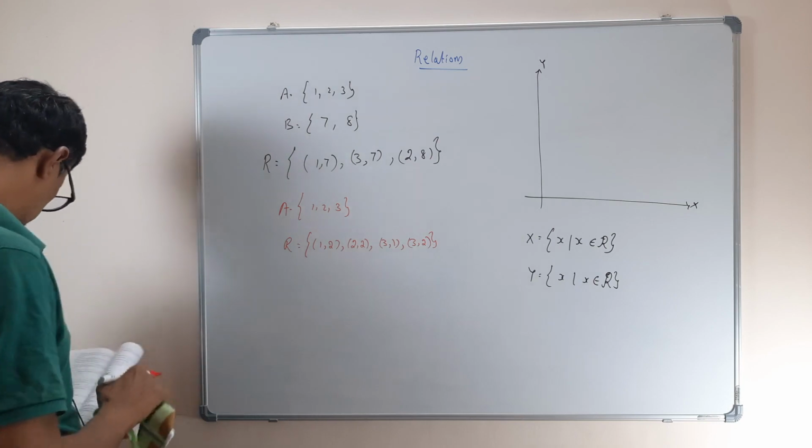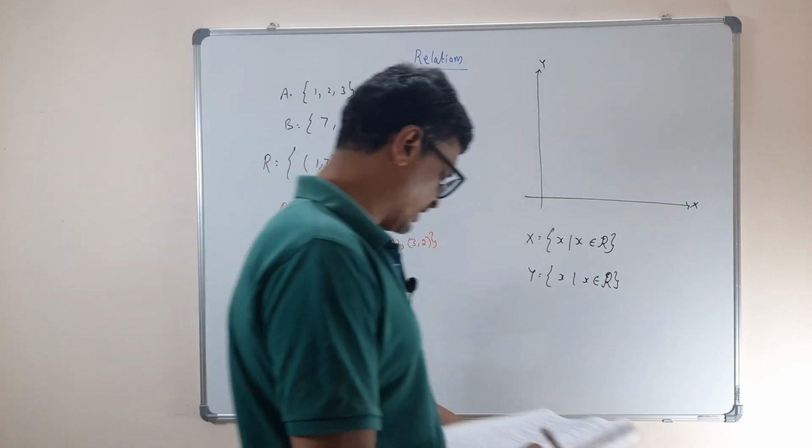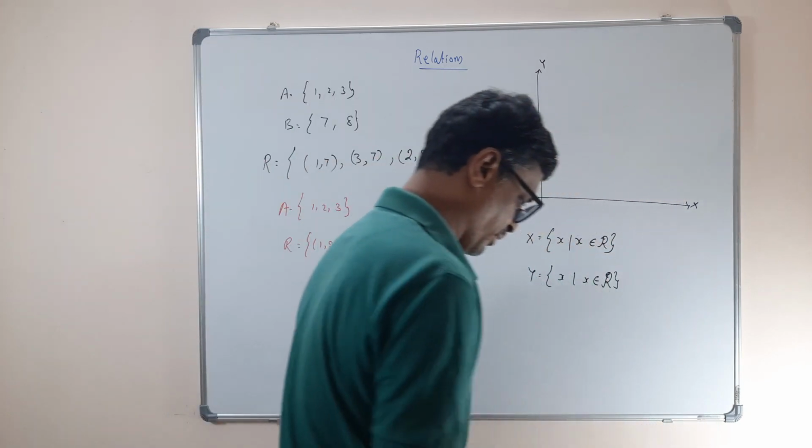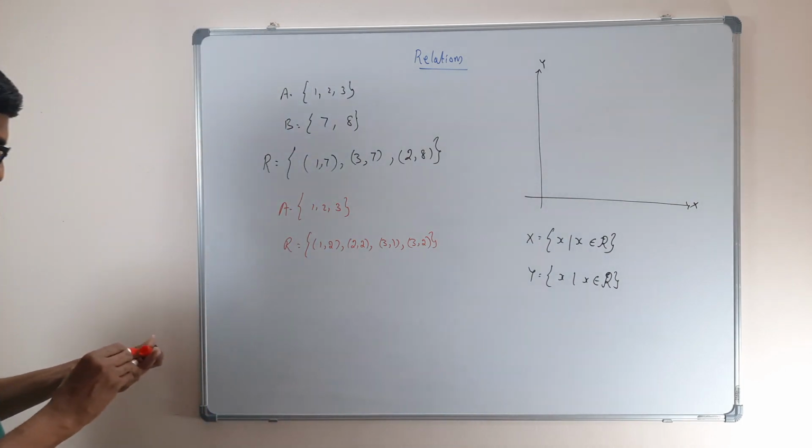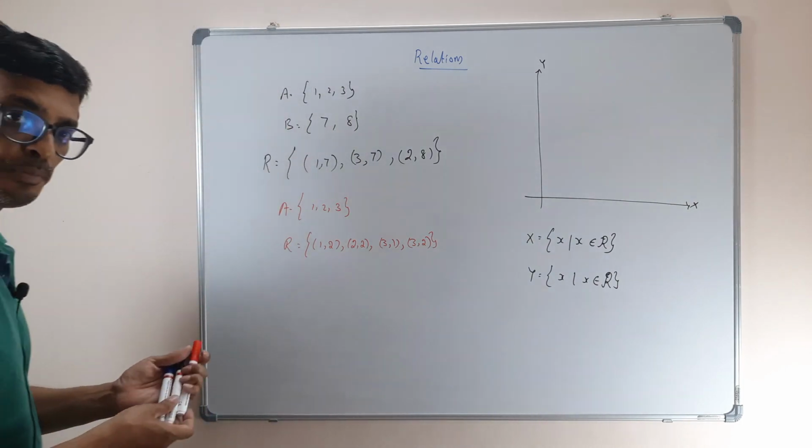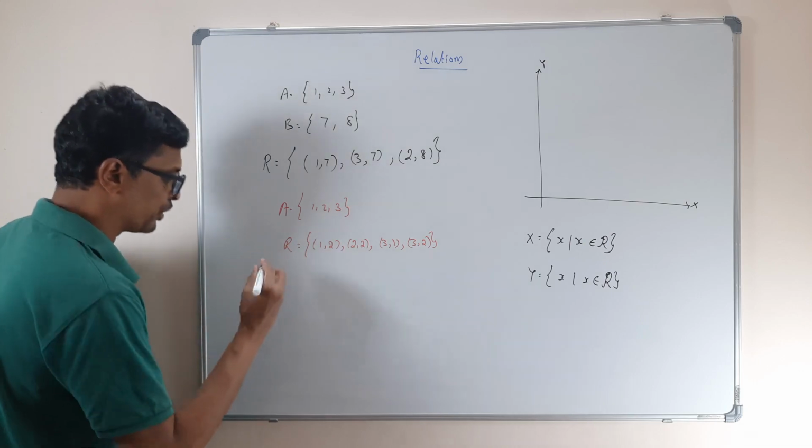And they are asking, is this relation a binary relation? Can you tell me? Simple. What you have to do? Take out A cross A.